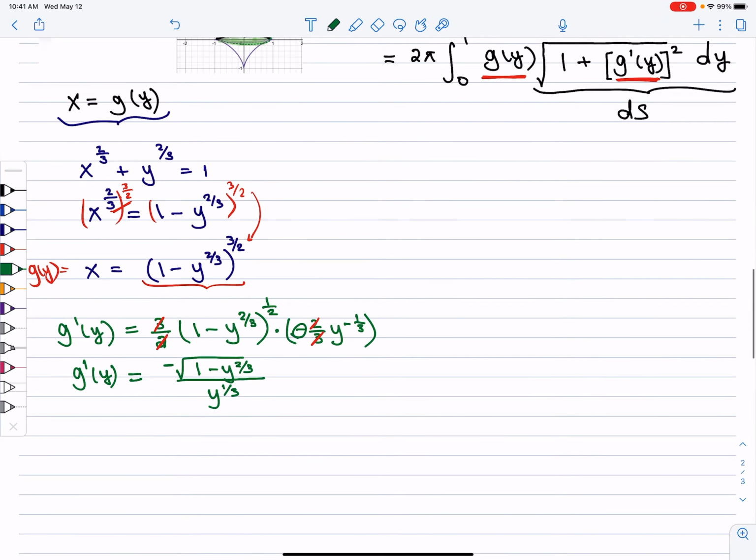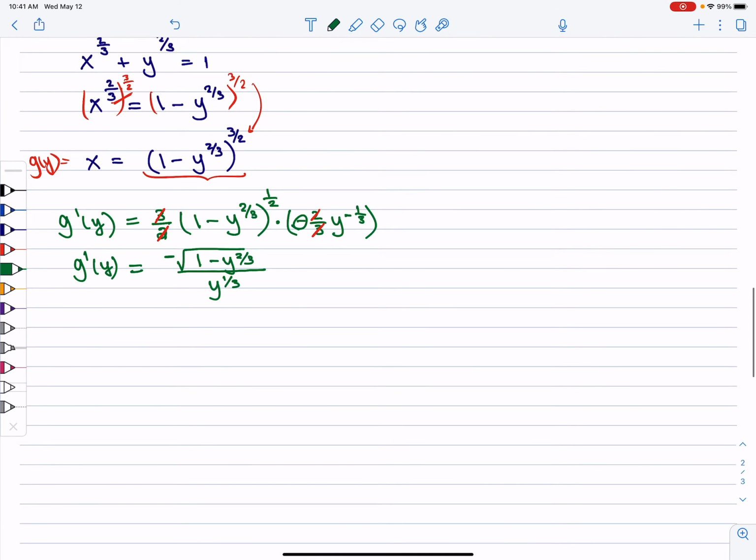Our formula is going to require us now to square this derivative. So we can say that g prime of y squared is equal to 1 minus y to the 2/3 over y to the 2/3. Okay, so remember we are squaring both sides of the equal sign.